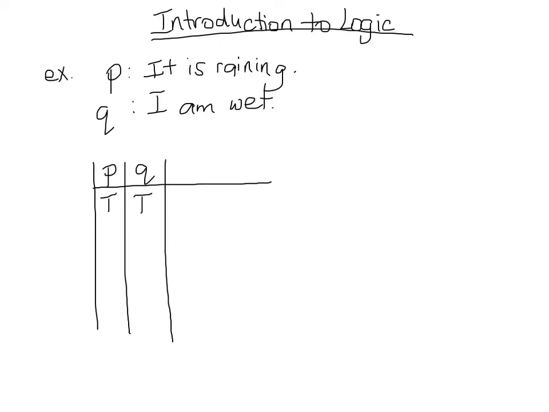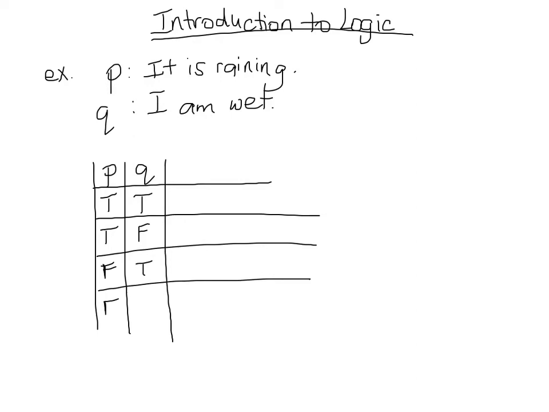So in our truth table, we'll have both true. We'll have the first one true, the second one false, the third one false, then true, and finally both false. So this is every combination of whether or not two statements can be true or false. So they both can be true, they both can be false, etc.